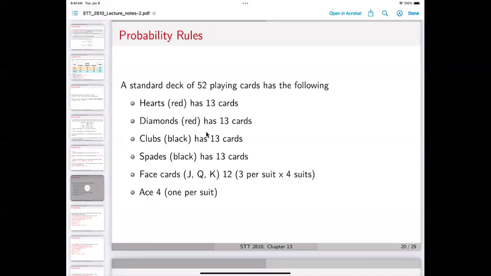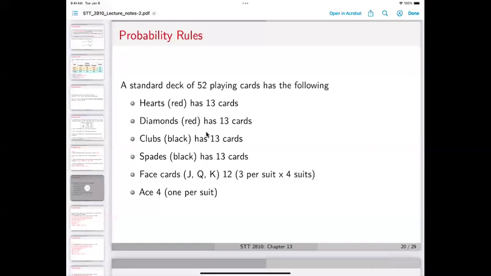Each of them also has an ace. The face cards are the jack, the queen, and the king, so each suit has three of them. So it's very important that you know this.